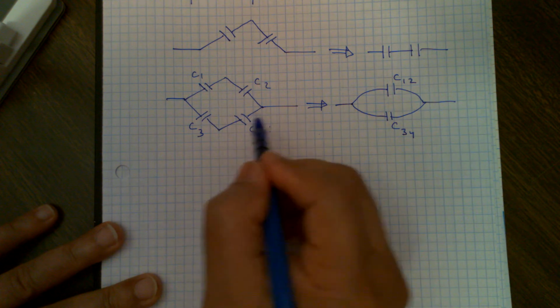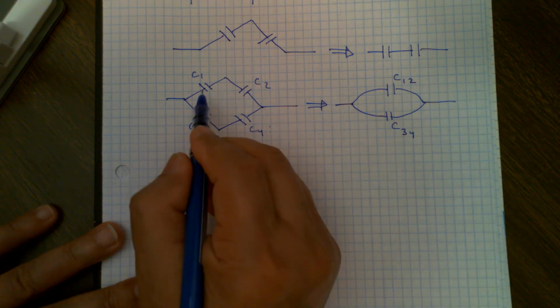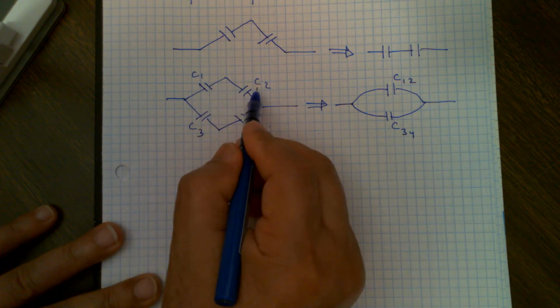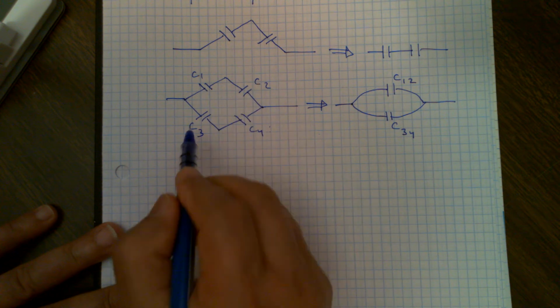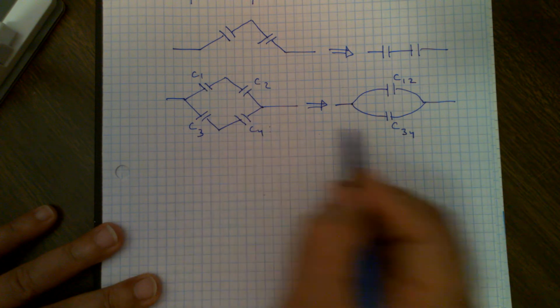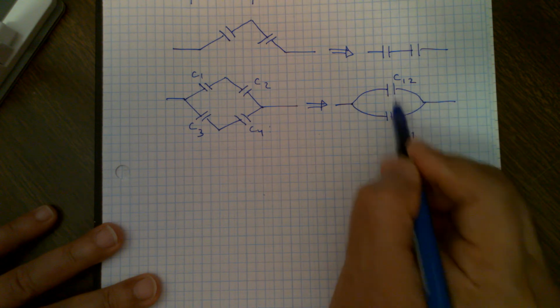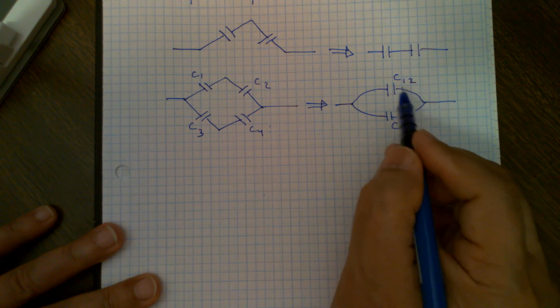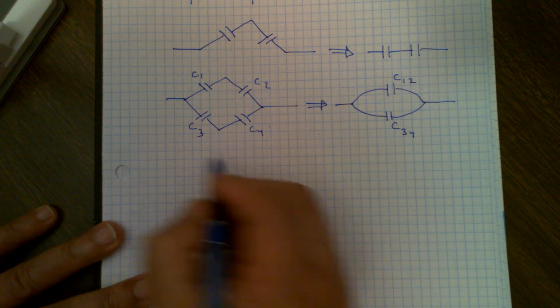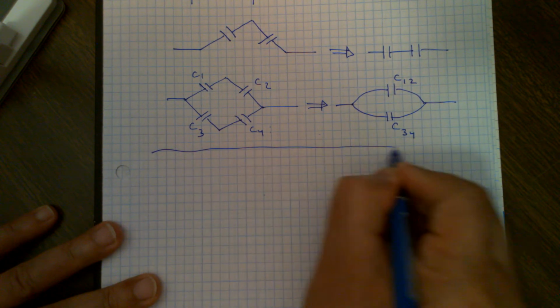So you have to calculate in two steps. First, I have to calculate C1, C2 in series, C3, C4 in series. Then after I get the answers, I have to make them parallel and calculate the equivalent capacitance. So let me do an example of this.